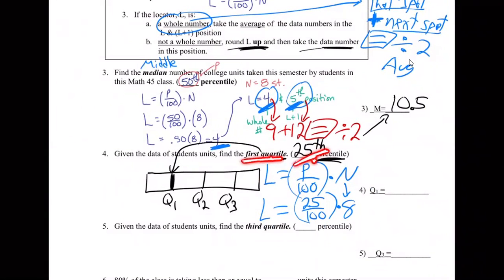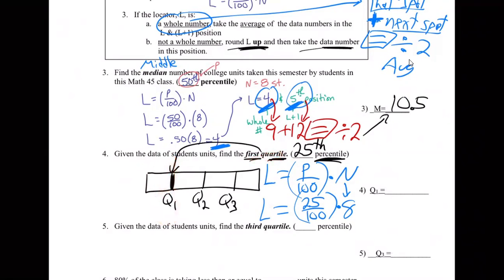For that whole data set in which we're listing out how many units you guys are taking, we're trying to find out what's the end of the first quarter, the lowest quarter of units. So the people that are taking the fewest units, the bottom quarter, what's the Q1 mark, which is called the first quartile, the mark of the end of the first quarter of numbers.